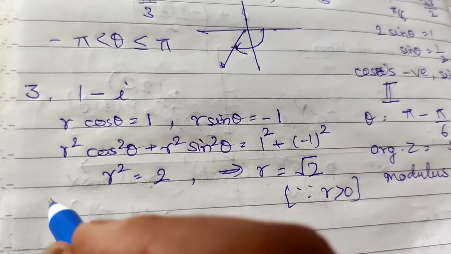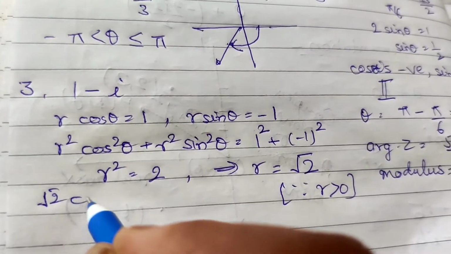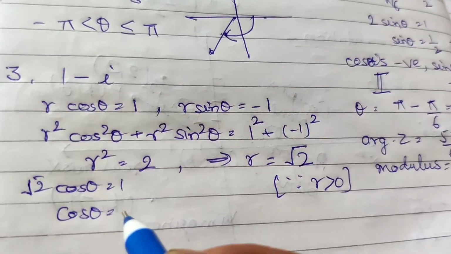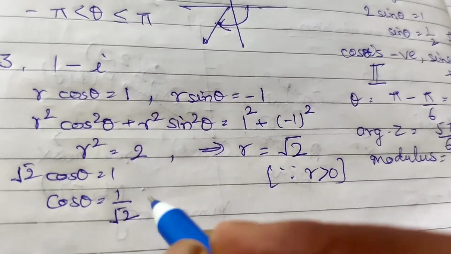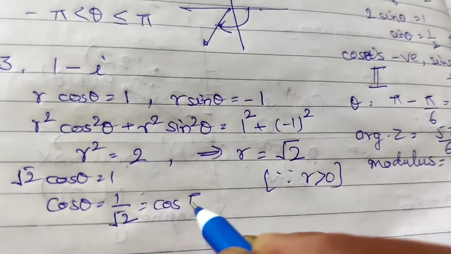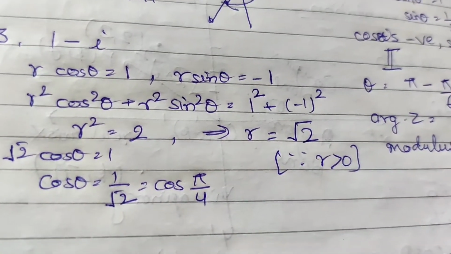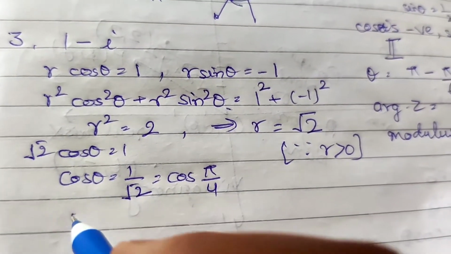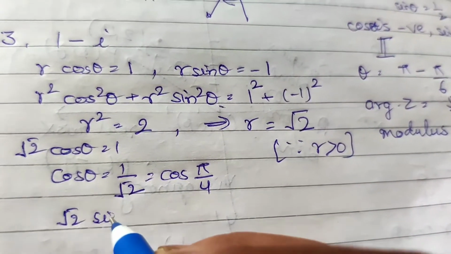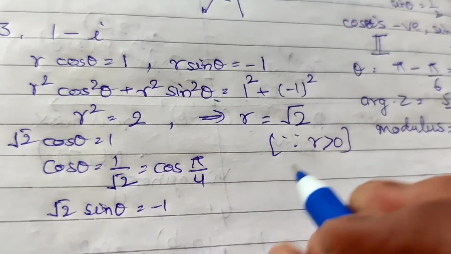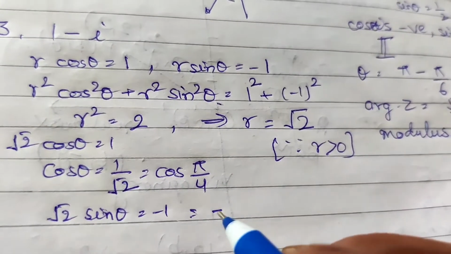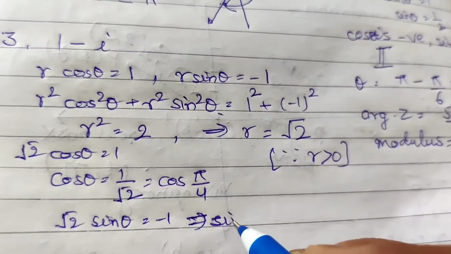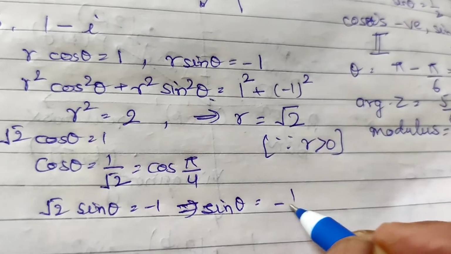Now, root 2 cos theta equal to 1. It means cos theta equal to 1 by root 2, and 1 by root 2 is the value of cos pi by 4. The argument is pi by 4. Next, root 2 sin theta equal to minus 1, so sin theta equal to minus 1 by root 2.